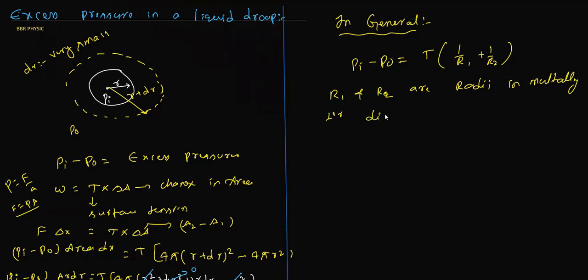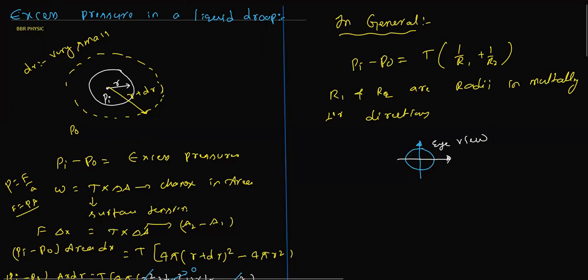For example, if you take any sphere like this, and you consider one radius in this direction, then another radius should be perpendicular to that, like this, in this direction. So both should be perpendicular to each other.